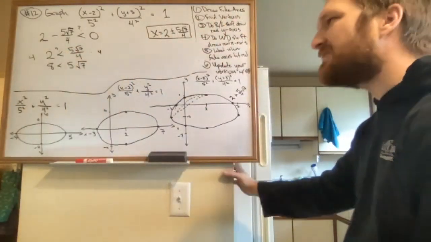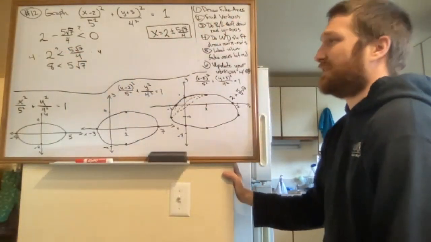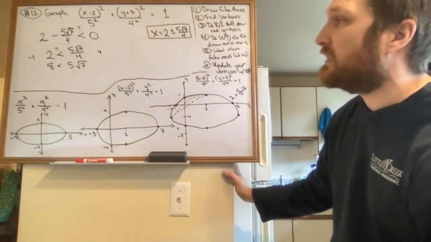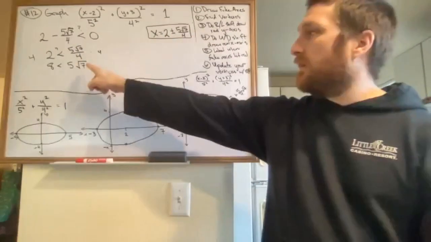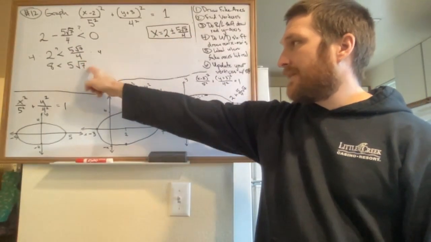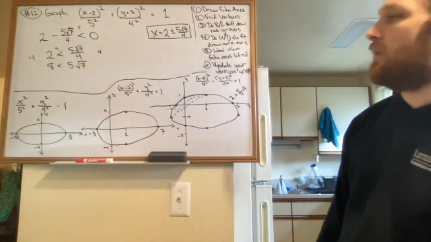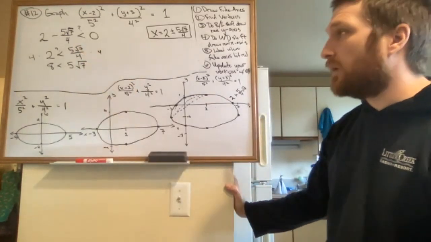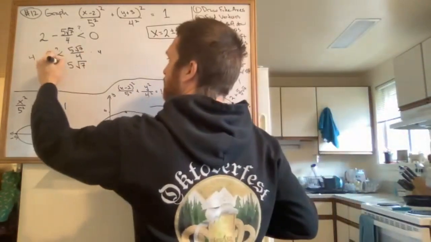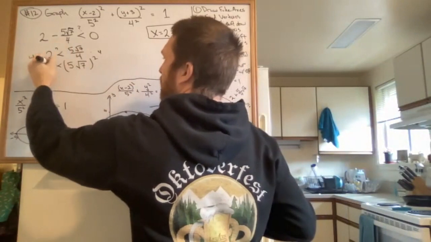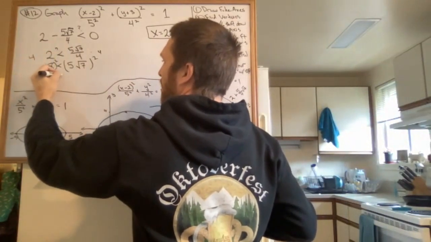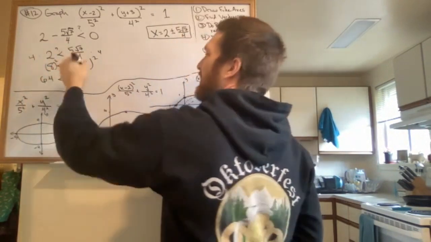Is 8 less than 5 times the square root of 7? Again, I have no intuition of what this is. But if I get rid of that square root, I may have a better idea. So how do I get rid of a square root? Well, I'm going to have to square both sides. Squaring 8 gives me 64. And we're asking, is that indeed less than that?